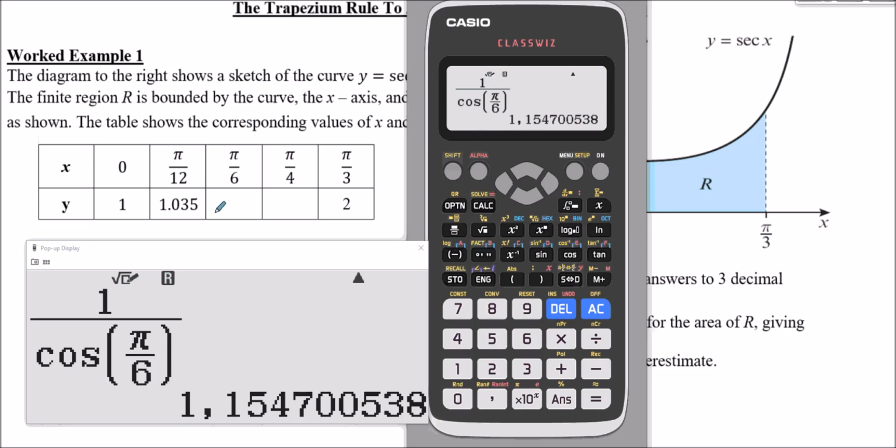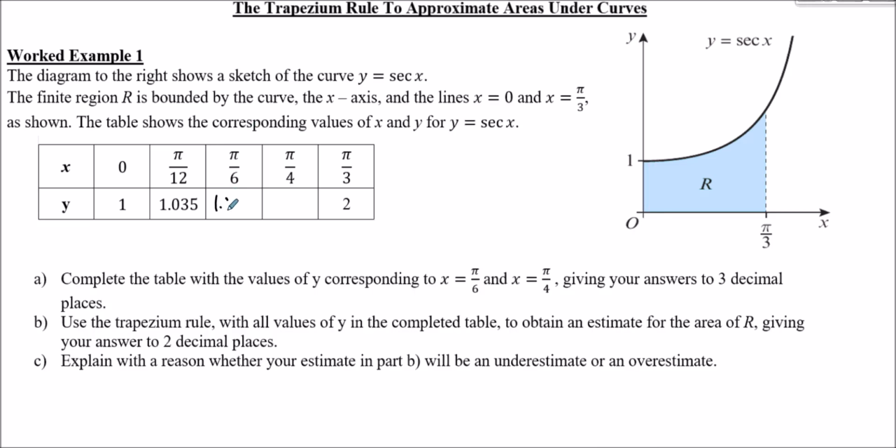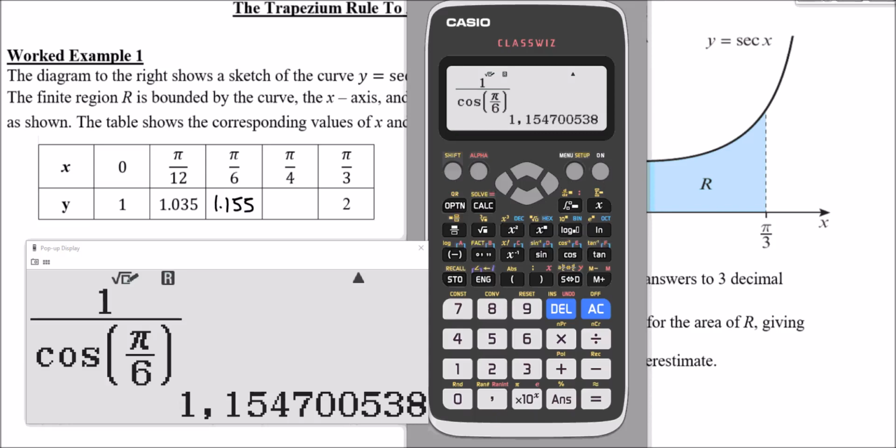So when x is pi over 6, we've got 1.155. And when x is pi over 4, we can just go back and toggle, change the 6 to a 4. That's root 2, which to 3 decimal places is 1.414.